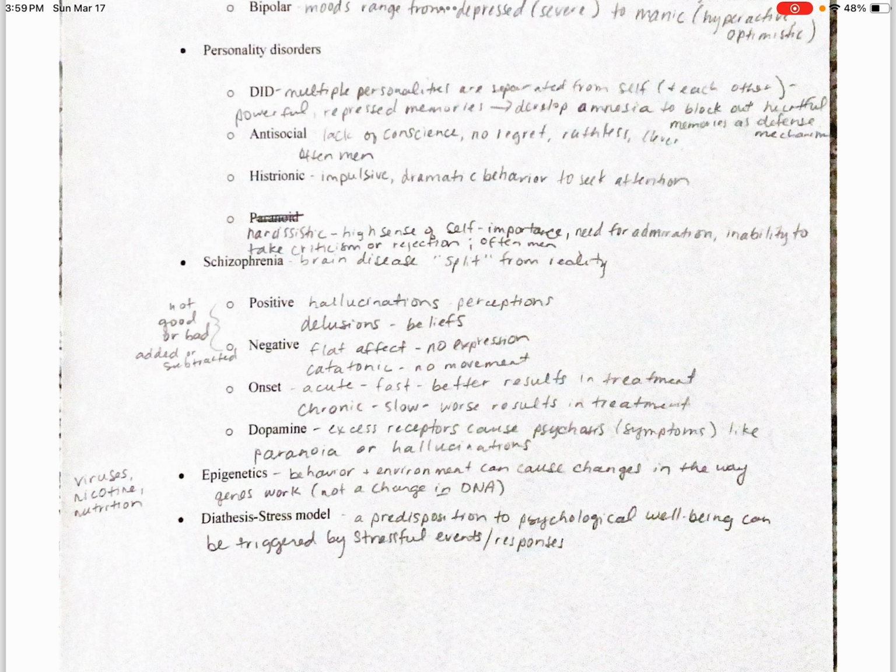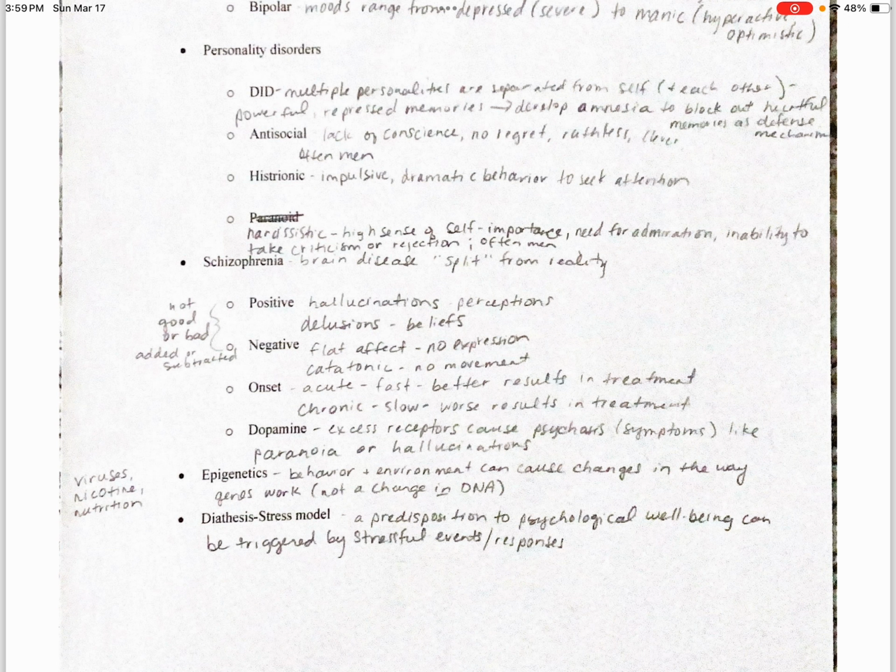So it's not a change in your DNA, it's a change in the way your genes kind of operate, and that is because of your environment. So for instance, like a virus or exposure to nicotine or nutrition, these are all epigenetic factors, and in the case of schizophrenia, that can really have a big impact.